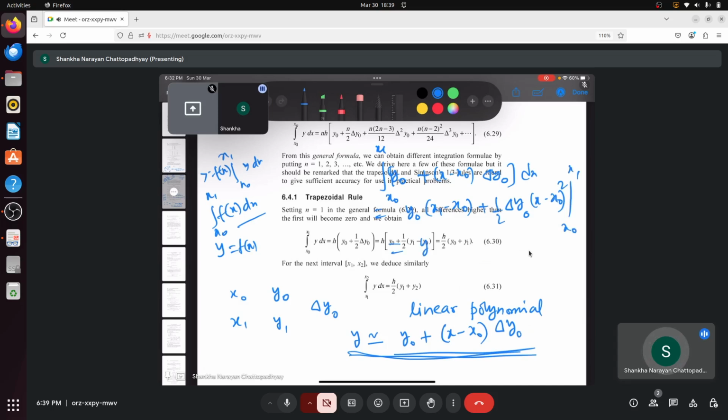Sorry, I made a mistake here, it will be delta y0 by h. This x1 minus x0 is nothing but your h. So this is y0 h plus half, delta y0 by h, so 2h delta y0 into h square.